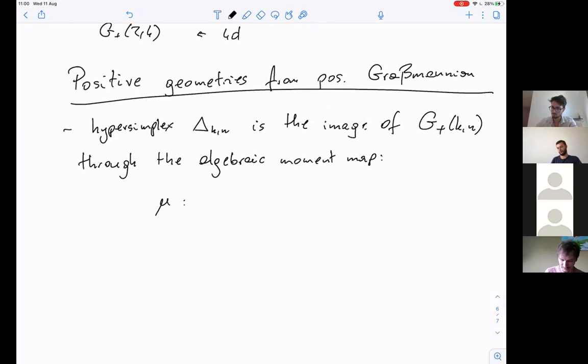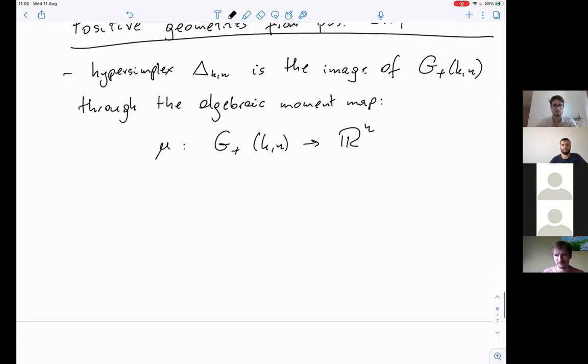The map, I call it mu, goes from G plus k comma n into R to the n. So our polytope will live in flat space, really. If I take any element C of G plus k comma n, then there's a formula for that.